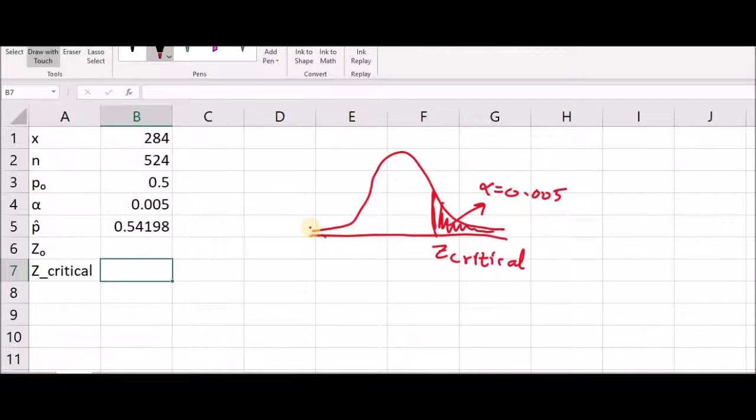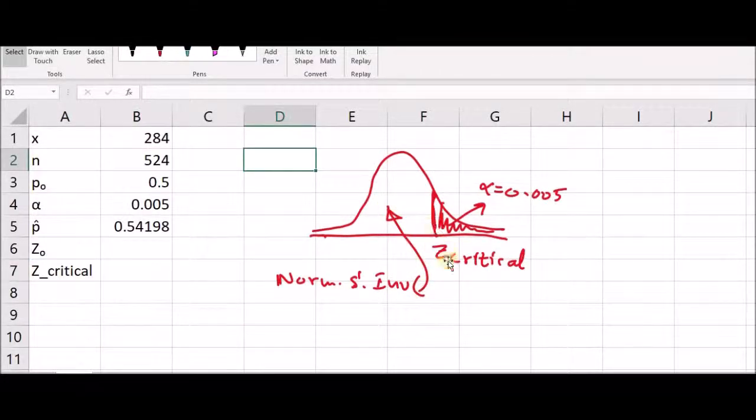To find the z critical, I'm going to use NORM.S.INV, and then I will use the area to the left. So the area to the left of z critical is basically 1 minus 0.005, which will give me 0.995. So I will plug that in here, 0.995.